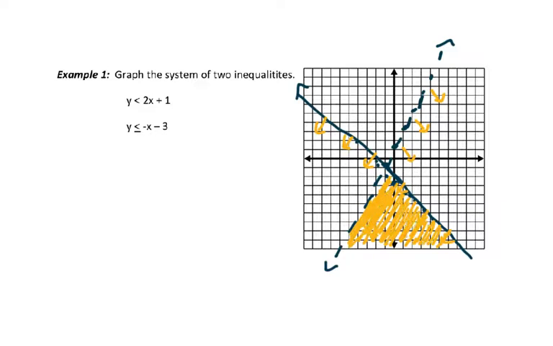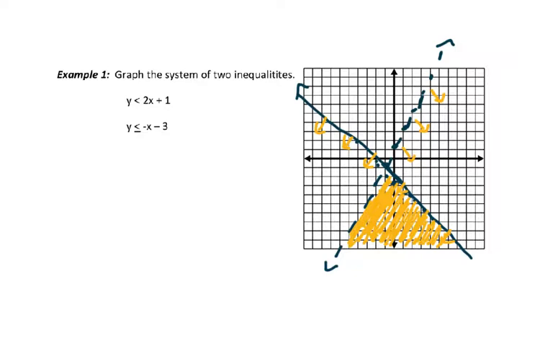That's the region that would be shaded. That's where my solution would be found. Any point in that region satisfies both of these inequalities. And that's what it should look like. I recommend using a colored pencil or something other than your pencil to shade in. I think it just makes it a little easier to see.